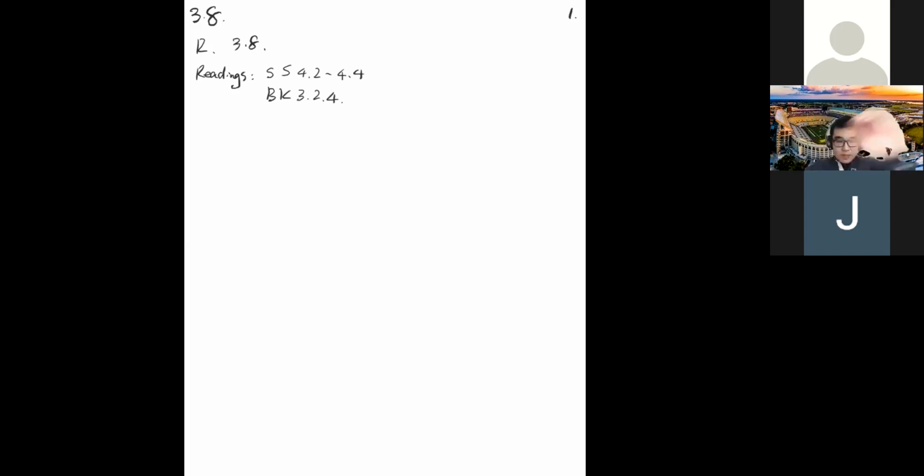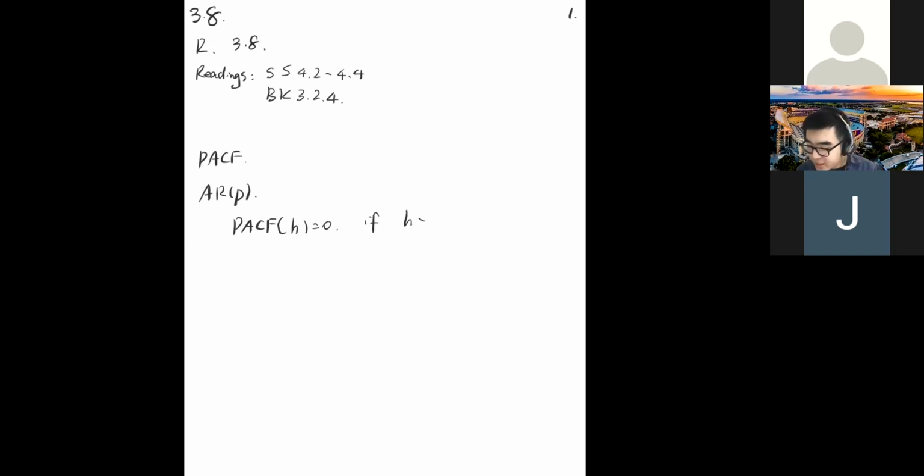Let's continue our discussion of the PACF, the partial autocorrelation function. Recall that for an AR(p) model, the PACF of order h is equal to 0 if h is larger than p.